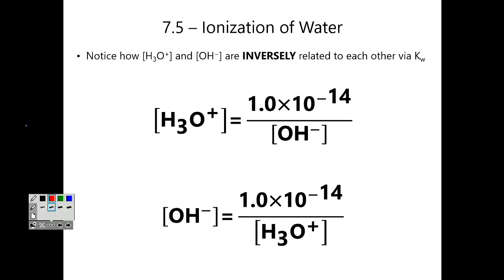So just to give you a heads up, next week you're going to be doing a lab on acids and bases. You're going to be learning about a concept called pH. It's another way to measure hydroxide and hydronium concentration. We'll talk about that when we come back next week.